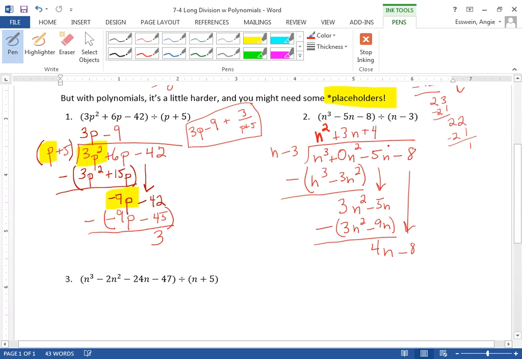Plus 4. Yep. 4 times n minus 3 is 4n minus 12. Subtract the whole thing. Negative 8 plus 12 is 4. Is there anything to copy? Nope. So our final answer is this dividend plus 4 over n minus 3. That's the whole answer there.